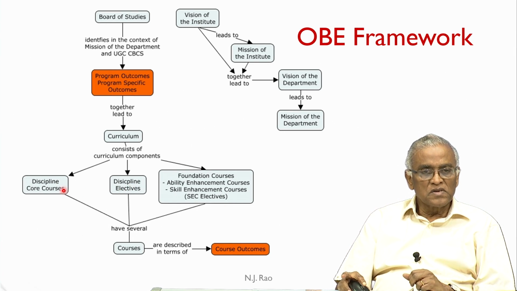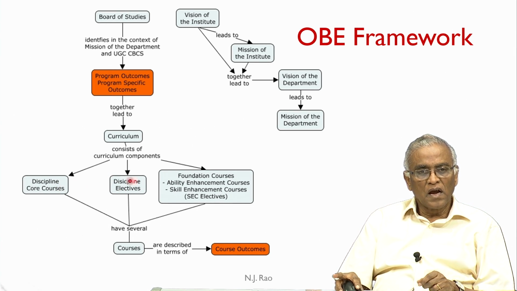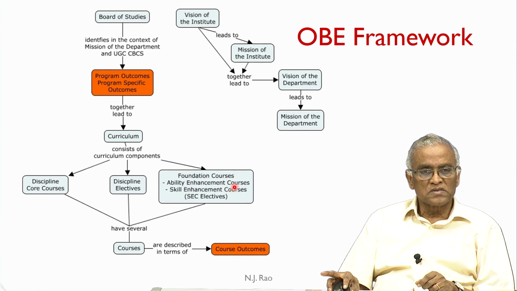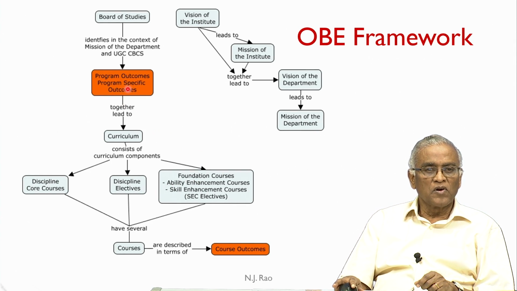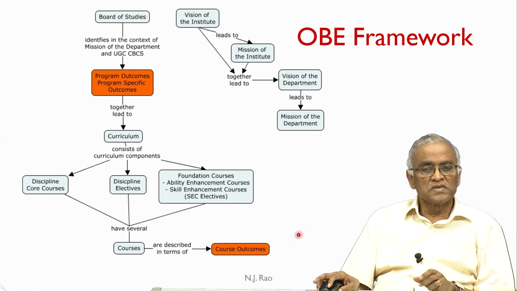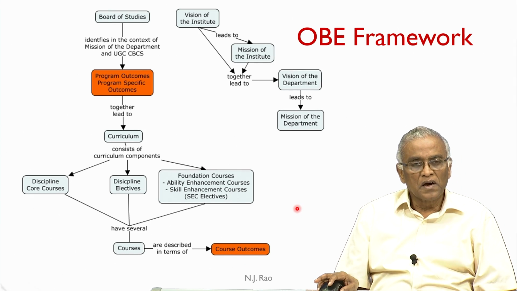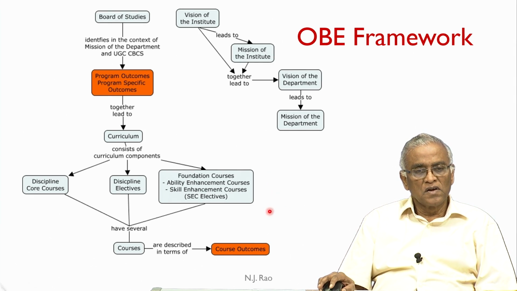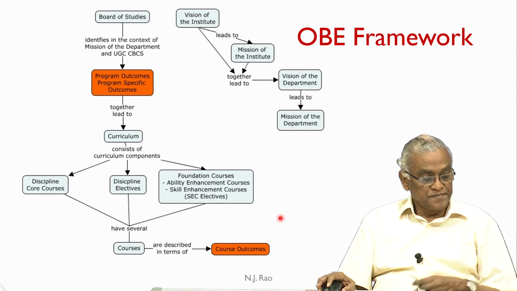So all students take discipline core courses and the foundation courses, the ability enhancement courses together. These are the only ones that you can take into consideration to achieve the program outcomes and program specific outcomes. But every course has to be defined in terms of course outcomes. This is the broad relationship right from the vision of the institute to the course outcomes.